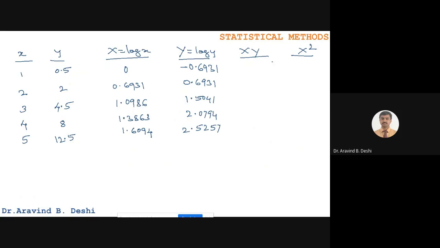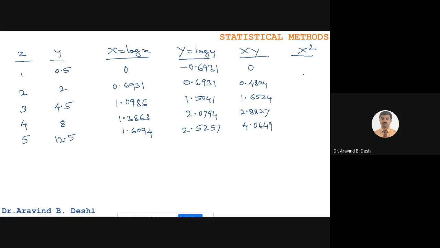We'll get next two columns. That is x into y: 0, then 0.4804, then 1.6524, then 2.8827, then 4.0649.